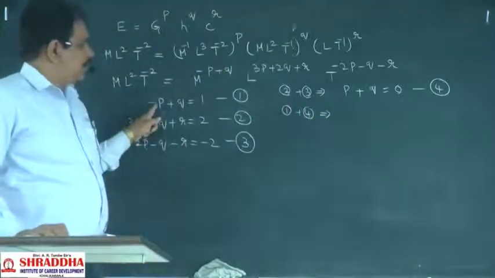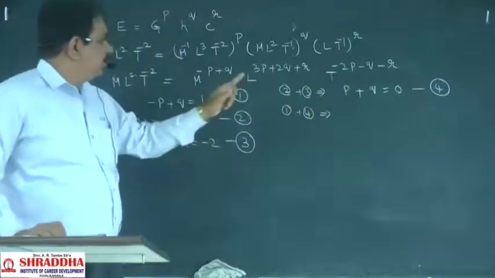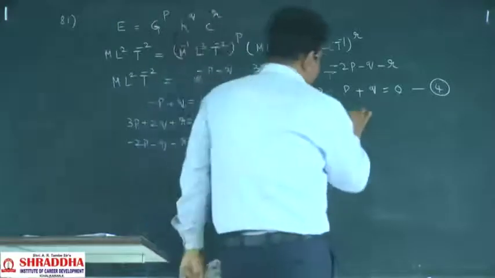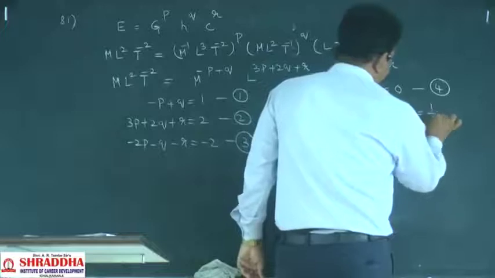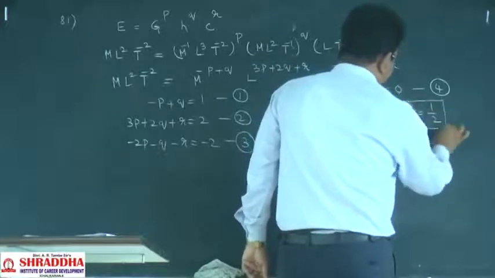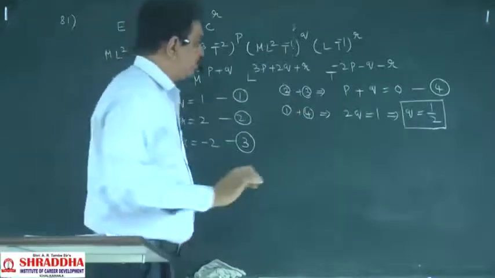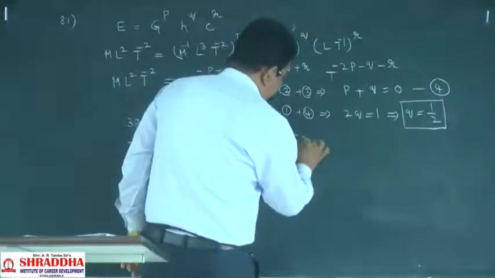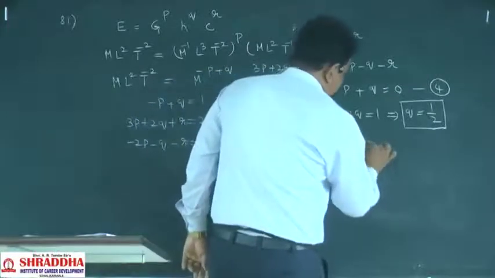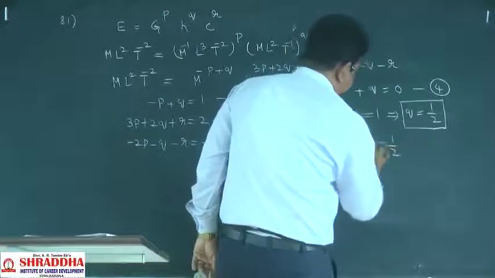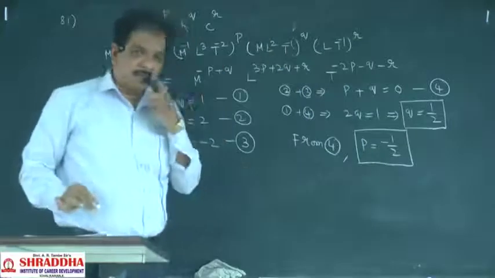Here minus p, there plus p, that will be 0. Q plus q, this value will be 2q is equal to 1. Q is equal to 1 by 2. Then you use equation 4. From 4, P is equal to minus Q, means P is equal to minus 1 by 2.